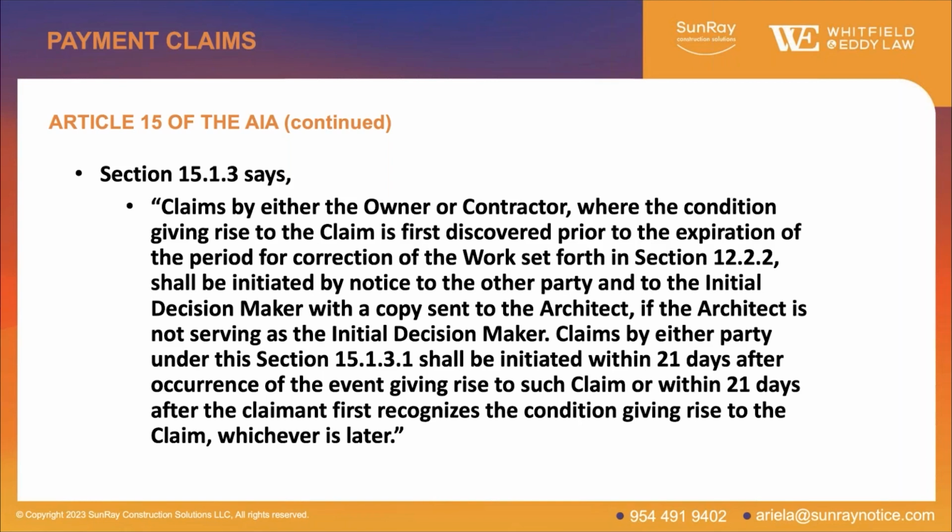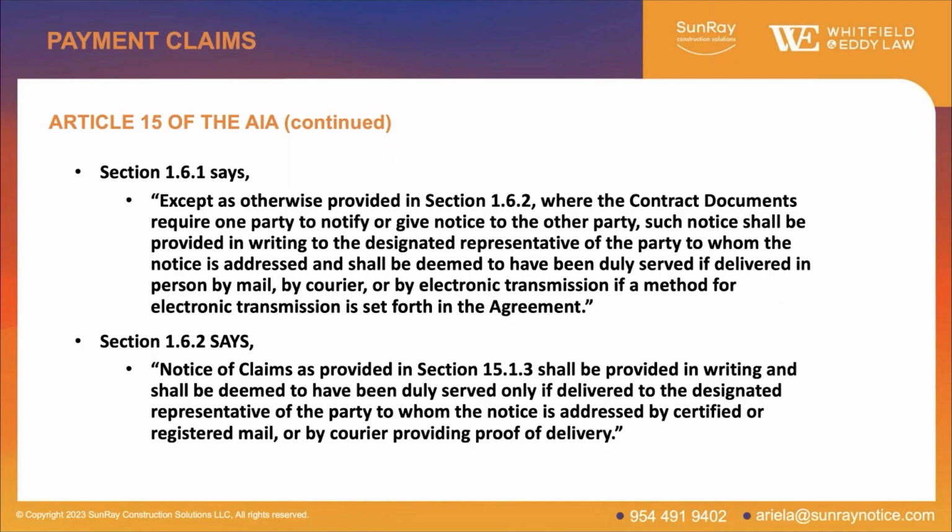If we go to the next slide. So you have to give the written notice. So how do you do that? Well, the general notice section in the AIA is in section 1.6.1. And pretty straightforward. It says you can give notice by mail, courier, email, or another method in the agreement.